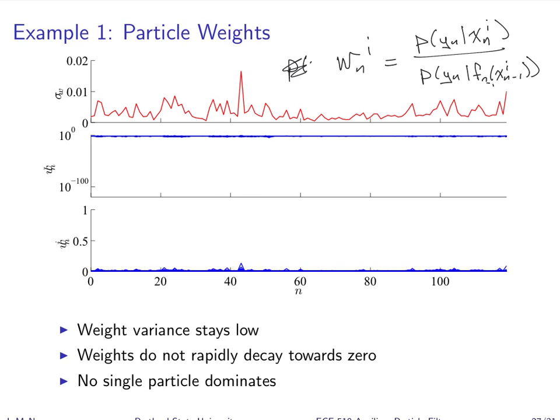So the variance will be high, some of the weights will be small relative to others, when this ratio differs for some of the particles.